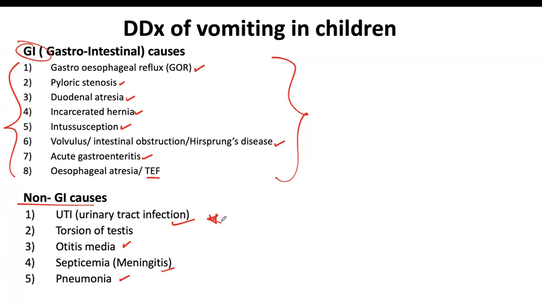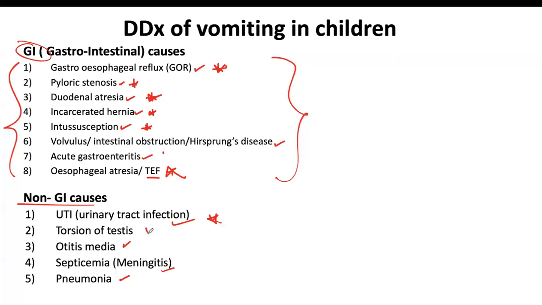Now, if we see here the exam cases that come from this cluster, we have gastroesophageal reflux, pyloric stenosis, duodenal atresia, hernia, intussusception, then gastro, not under vomiting but as diarrhea, and esophageal atresia and tracheoesophageal fistula come in exam.